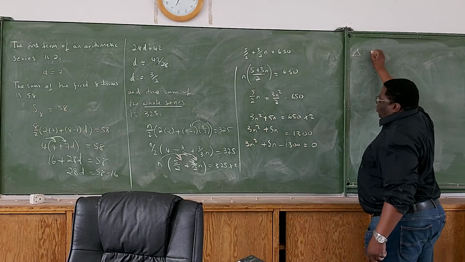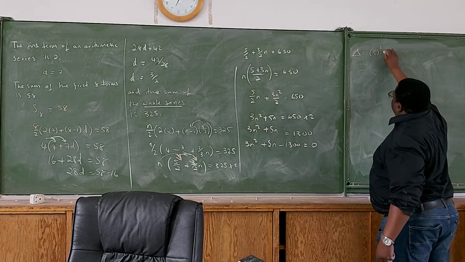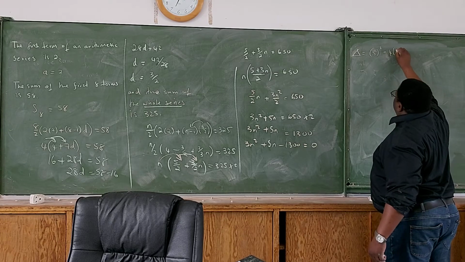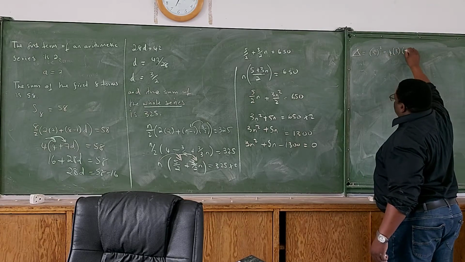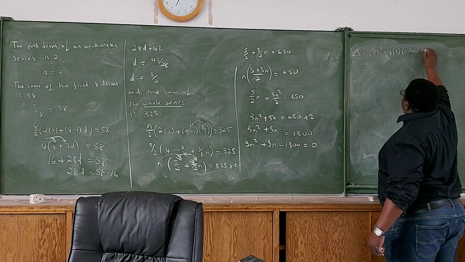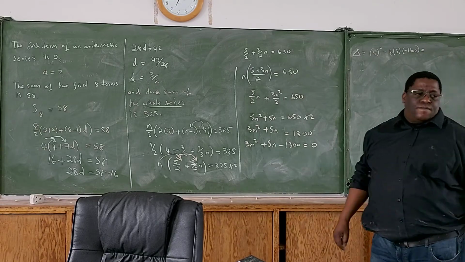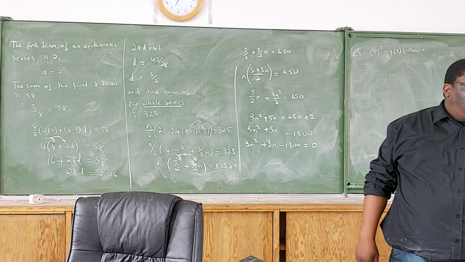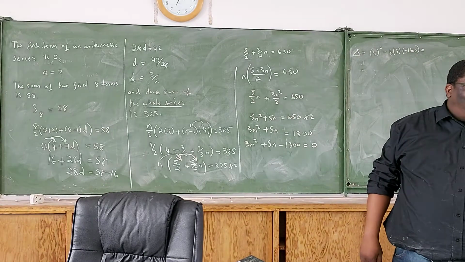But what is delta equal to? The discriminant, b squared minus 4ac. A is 3. Please put that in your calculator and tell me what it is again. Don't worry, we will wait.